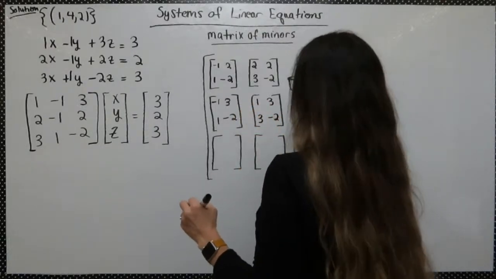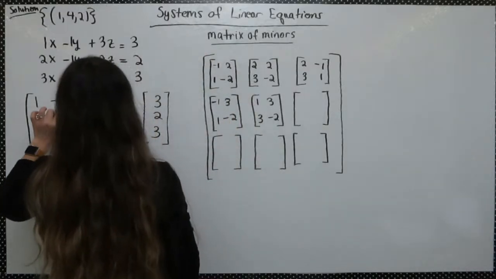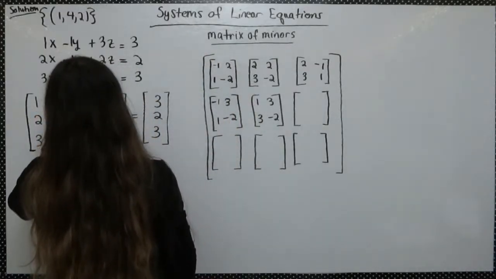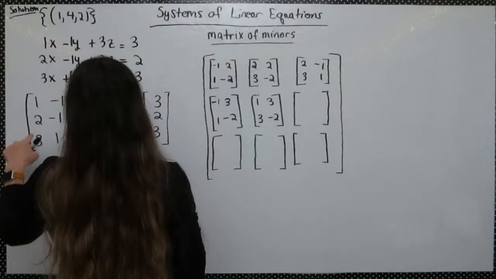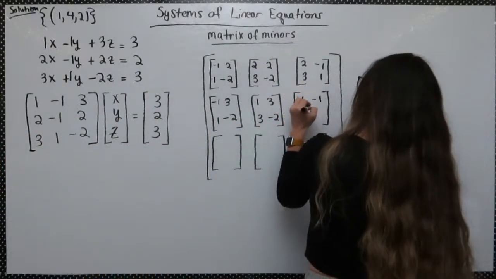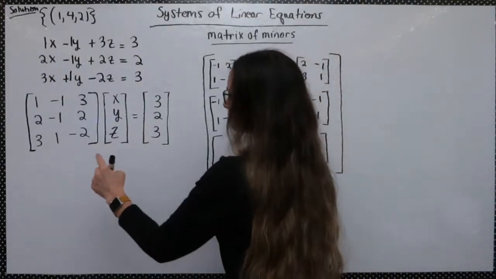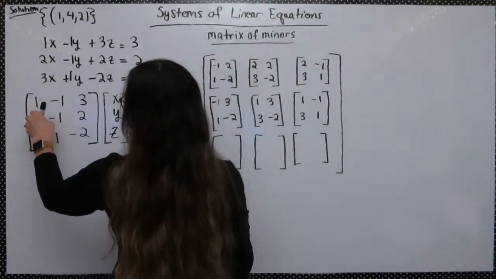And then the third position here is going to be that last column, middle row. So it's going to be 1, -1, 3, 1. And then the third one here is going to be these four.